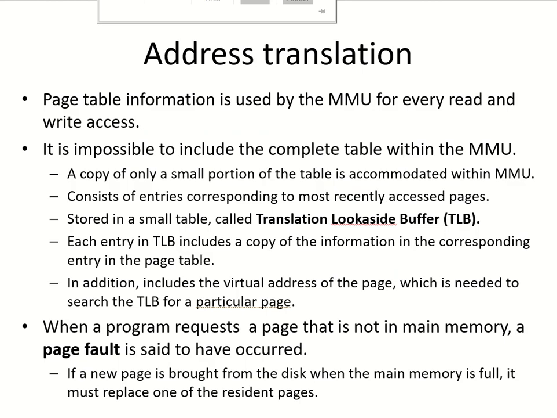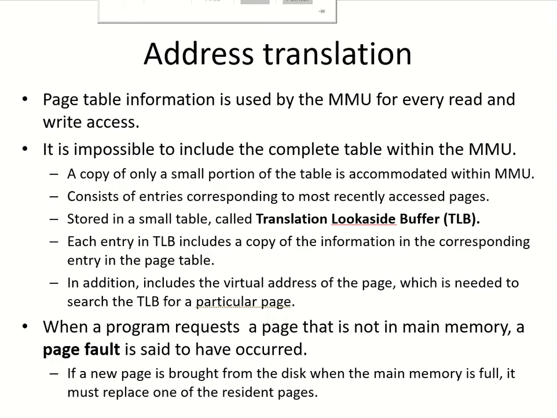Now the page table information will be used by the MMU for every read or write access that is required by the processor. So if the processor generates any virtual address, the MMU will have to access the page table. Now that means so many main memory accesses will be required.